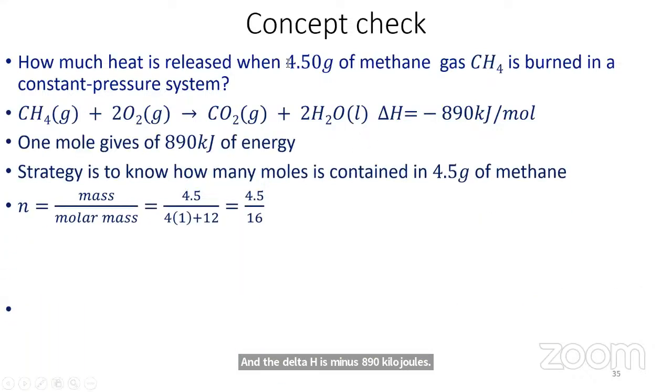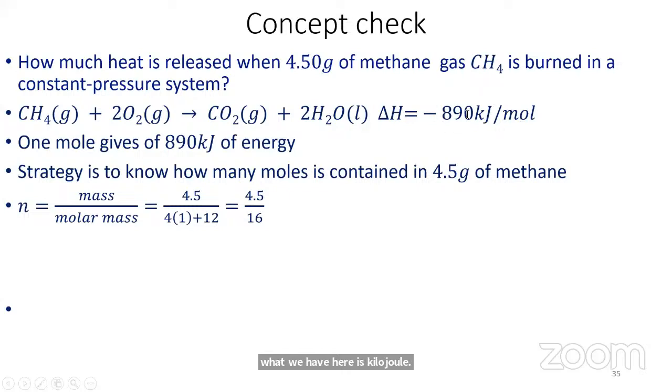So what it means is that it's actually 1 mole of your methane that gives off 890 kilojoule per mole, because you say how much heat is released when 4.5 grams of methane gas is burned in a constant pressure system. So what it means is that from this equation, you see that it's 1 mole of methane that actually gave us this. But now they're asking us to calculate how much heat will be released if we have 4.5 grams of methane. First of all, we need to know the number of mole, because what we have here is kilojoule per mole.